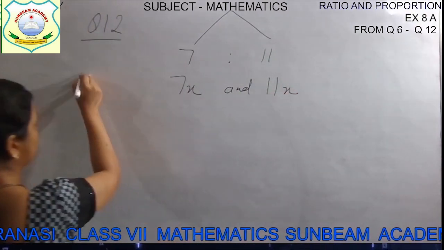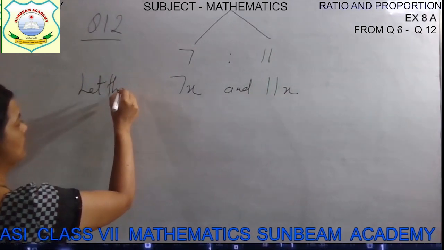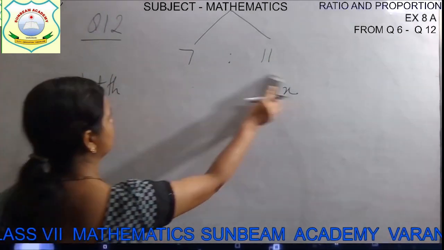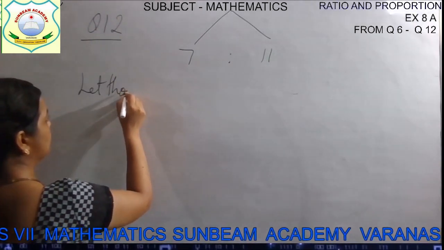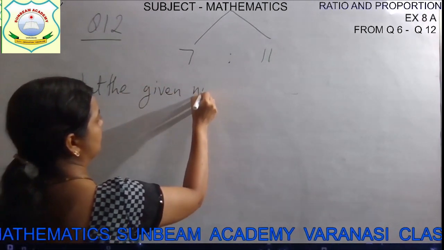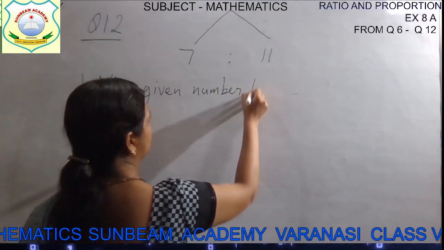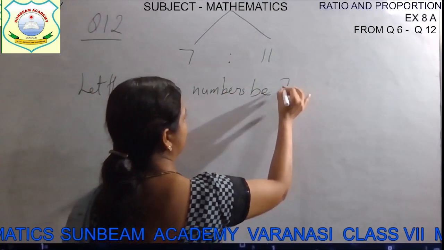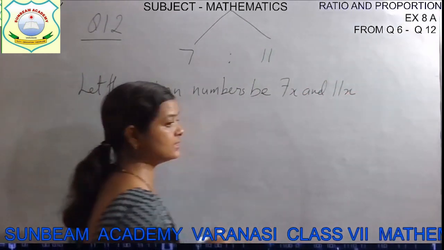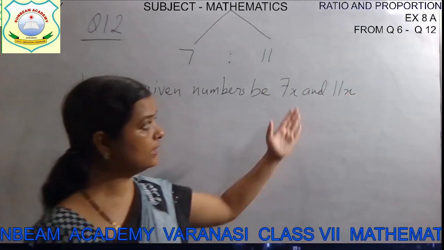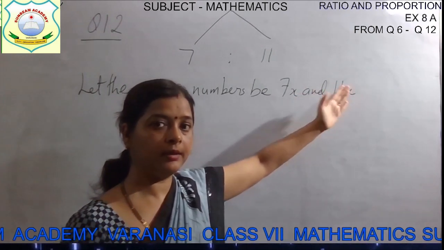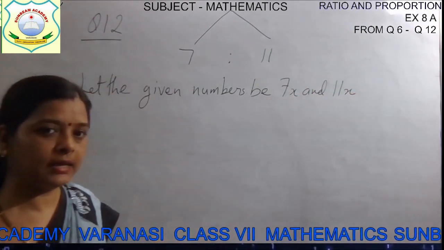Children, you will write it. Let the given numbers be 7x and 11x. It is not 7 and it is not 11. It is 7x and 11x. Bigger than that, and it increases in the same ratio. So if x is multiplied here, we have to multiply x there also.